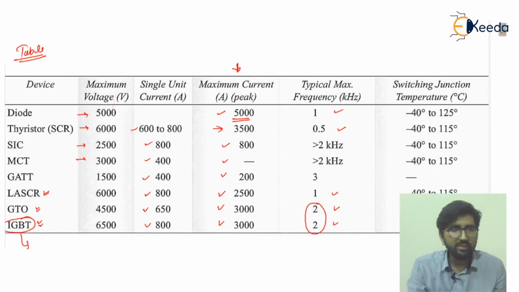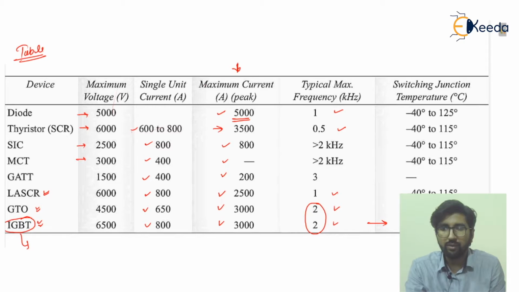If I talk about the switching junction temperature, that is comparable, but the IGBT can handle from minus 20 degree to 150 degree. So I can say it is a large value.